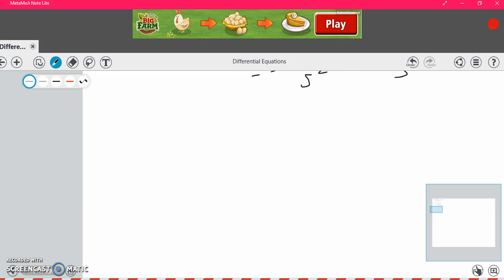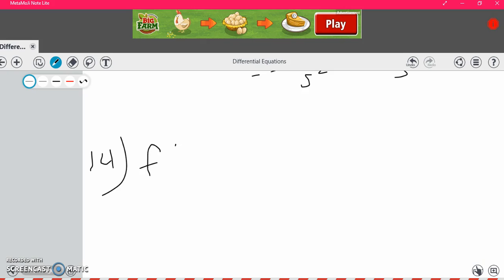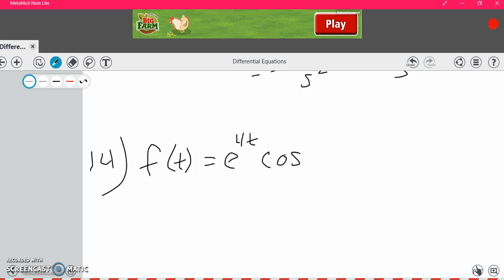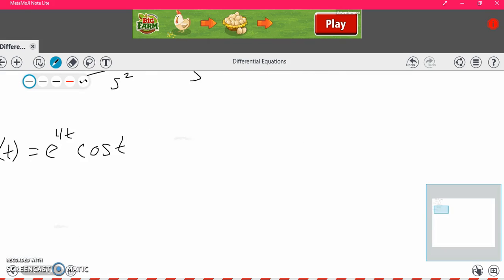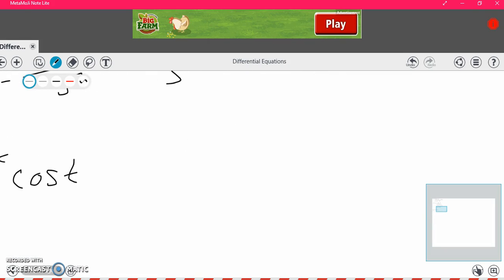Alright, so I have one more, number 14. Our f of t that we've been given is e to the 4t cosine t. If you're given something like this, I'm going to go off to the side for a second.